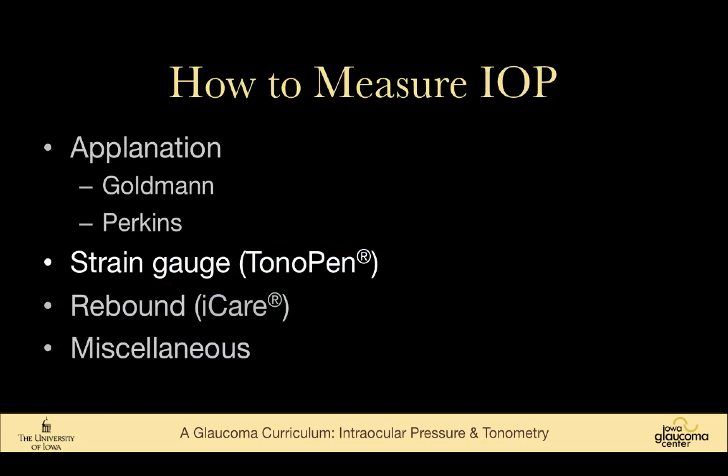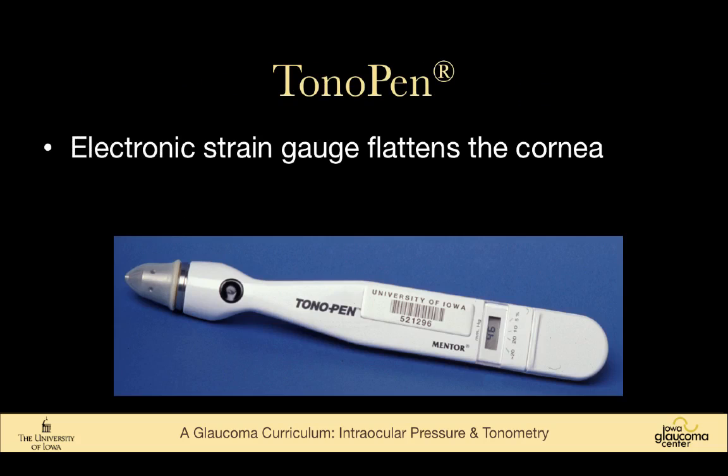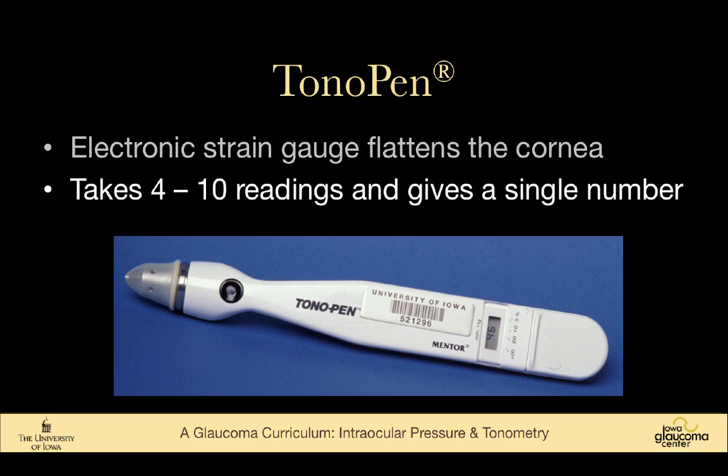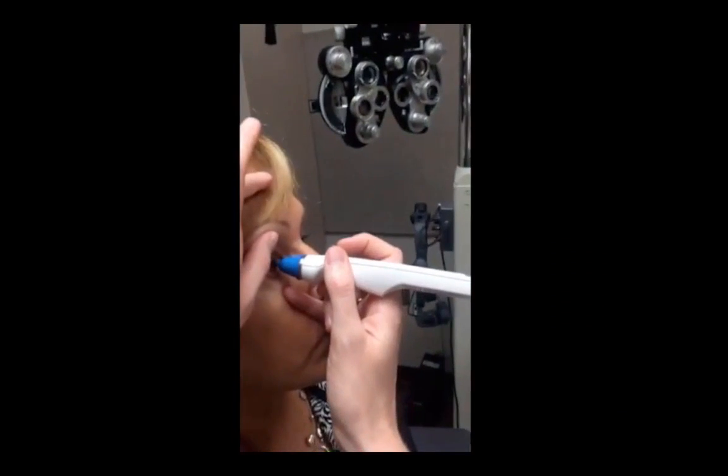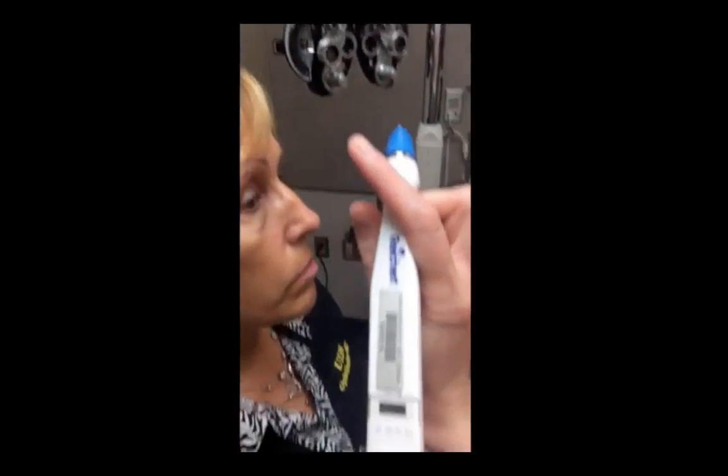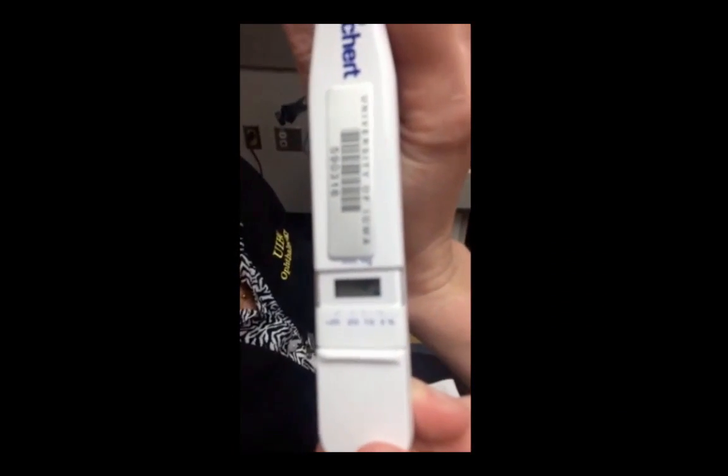The strain gauge, or TonoPen, uses a strain gauge electronic sensor to flatten the cornea. It takes 4 to 10 readings and yields a single number. You can see 46 there. Very fine chirping as the results are taken, and then the intraocular pressure is measured.